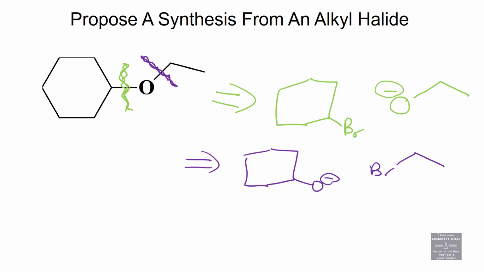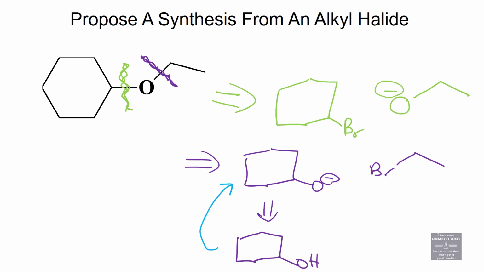Hopefully you know which one is better, but before we wrap this up entirely, if you're presenting a synthesis, you often do not want to, or are not allowed to, start with a charged species. So you'll need to go back one more step and show me how you make this thing anionic.